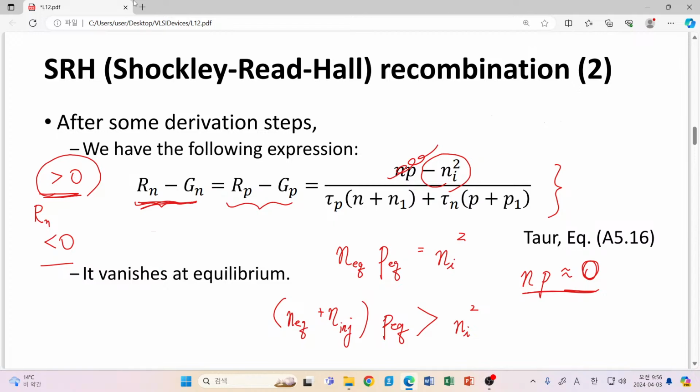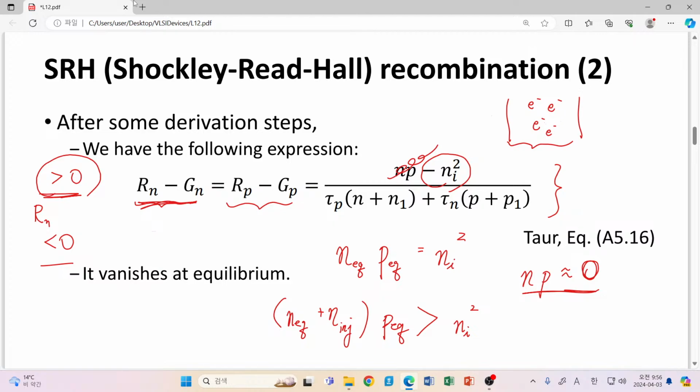What is it? It means that we have net generation of electrons. So in such a case, we can expect electrons are generated from a certain position. Then of course they will move away by some action, but anyway we can consider net generation or net recombination depending on the local state.